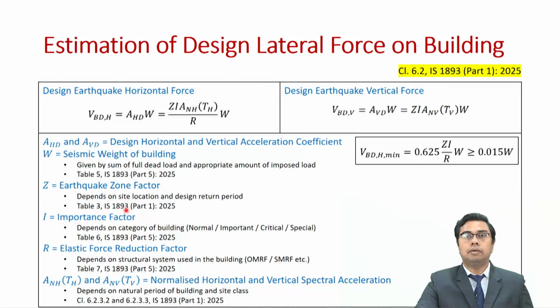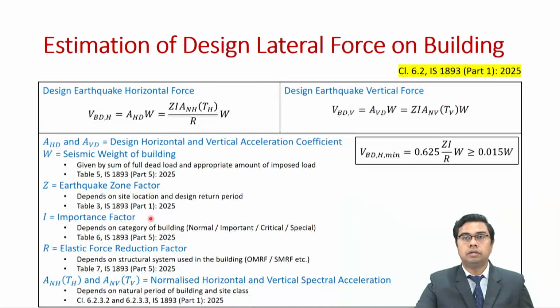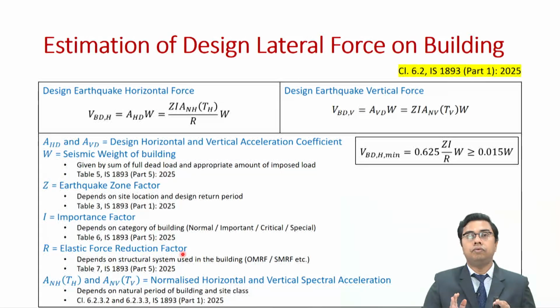It is given in Table 3 of IS 1893 Part 1, 2025. I is the importance factor which depends on the category of building, whether the building is normal, important, critical or special. The information about importance factor is further available in Table 6 of the code IS 1893 Part 5. R is the elastic force reduction factor. We have seen how we have two options.